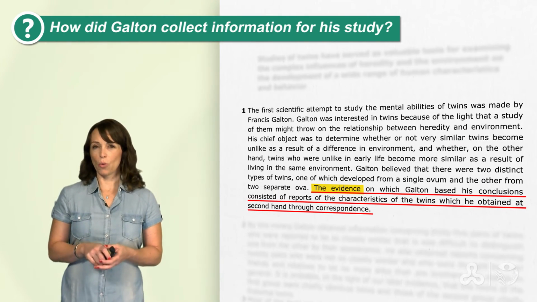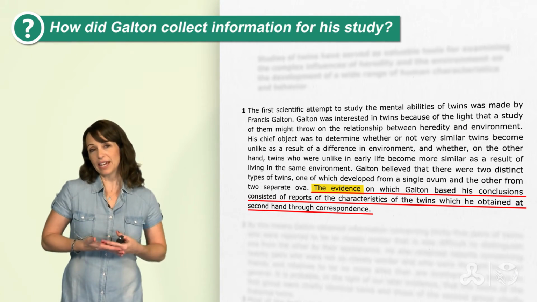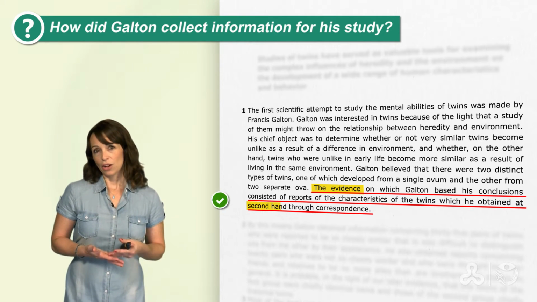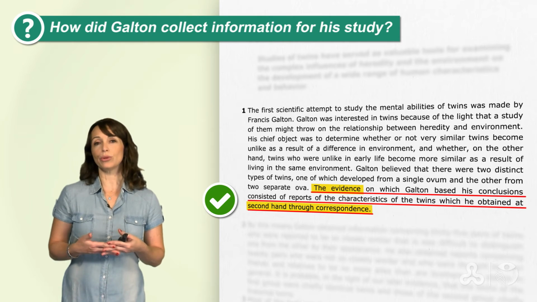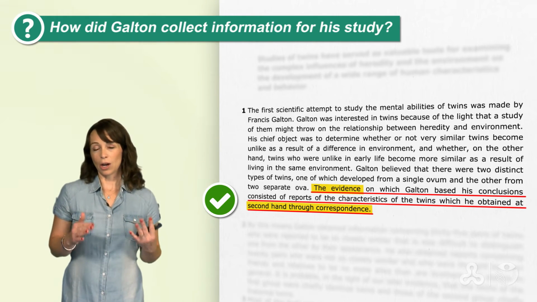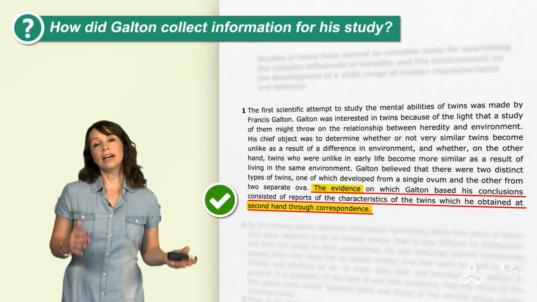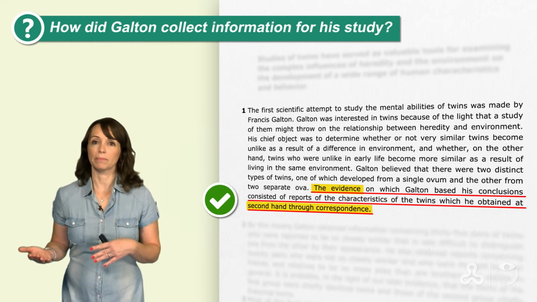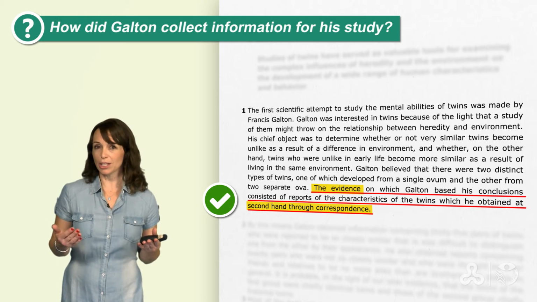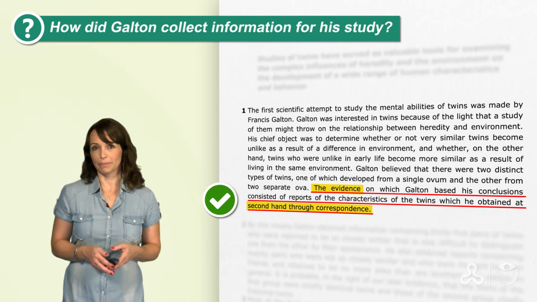Okay, so what you should have been focusing on is how did he get the evidence? He got the evidence that he studied, okay, through second hand, through correspondence, כן, דרך התכתבות. הוא בעצם קיבל את המידע על אודות התאומים שהוא חקר, דרך דיווחים של אנשים אחרים. בסדר, תזכירו שוב, זה מחקר מאוד מאוד מוקדם, אחד מהראשונים, אם לא הראשון, על תאומים.